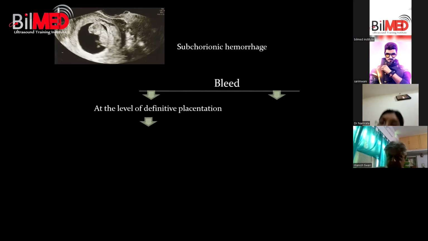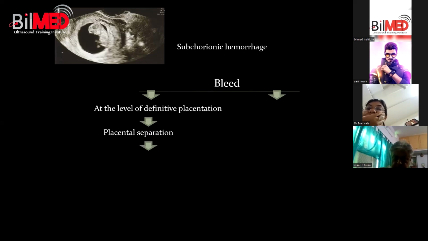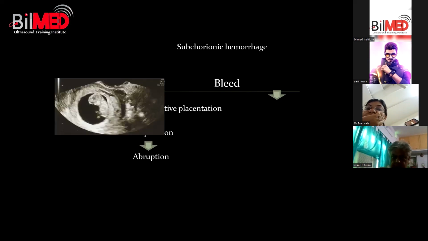Now, the point here is, if the detachment is at the level of the placentation, is that more dangerous, or if it is away from the placentation site? Of course, if it is at the level of the placentation, placental separation will occur and we will have an abruptio.